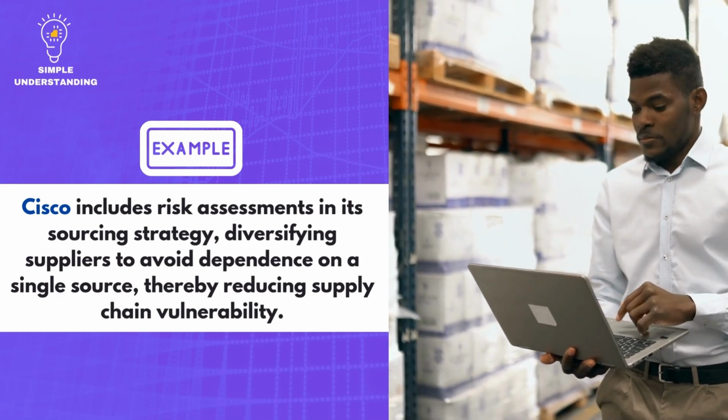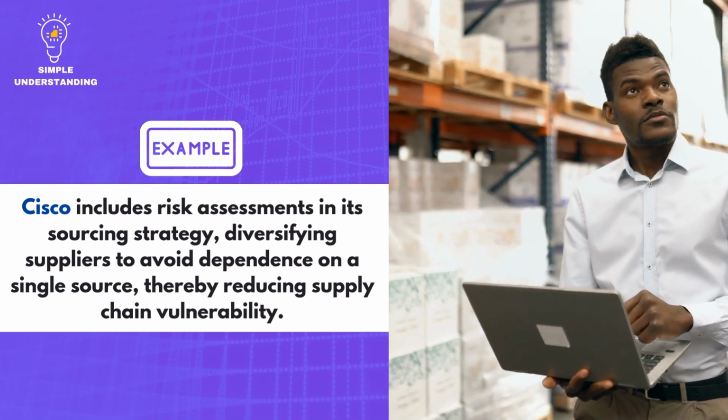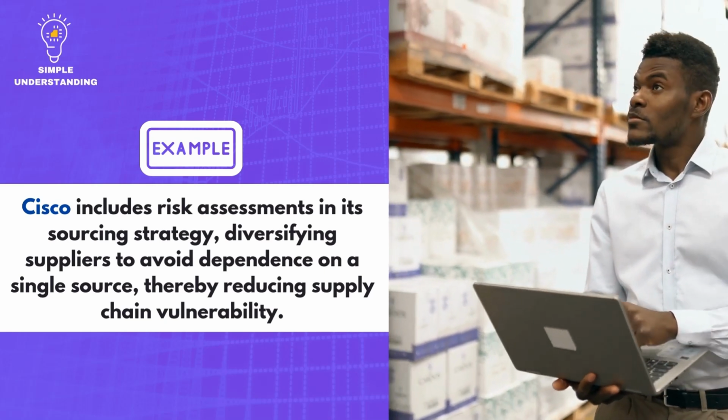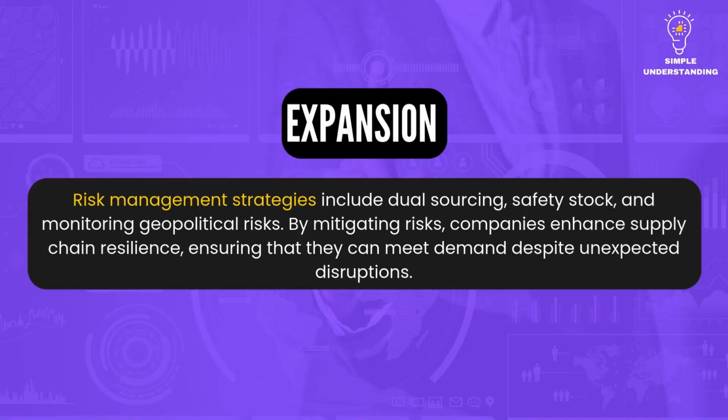Cisco includes risk assessments in its sourcing strategy, diversifying suppliers to avoid dependence on a single source, thereby reducing supply chain vulnerability. Expansion. Risk management strategies include dual sourcing, safety stock, and monitoring geopolitical risks. By mitigating risks, companies enhance supply chain resilience, ensuring that they can meet demand despite unexpected disruptions.